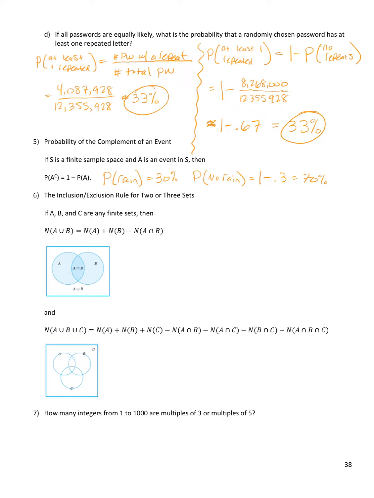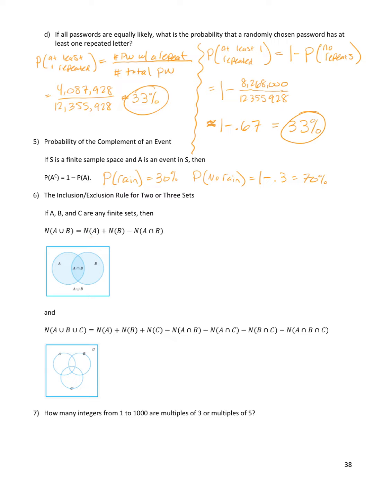All right, the inclusion-exclusion rule for 2 or 3 sets. If A, B, and C are any finite sets, then the number of elements in the union, the number of elements in A union B, you can just add the number of elements of A plus the number of elements of B, but you have to be careful not to add things twice, right? If there's something in the intersection, when you count the number of elements in A, it gets counted, and then when you count the number of elements in B, it gets counted again. So we have to subtract out the things that we counted twice.